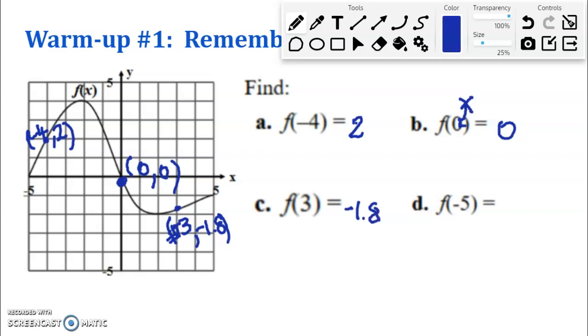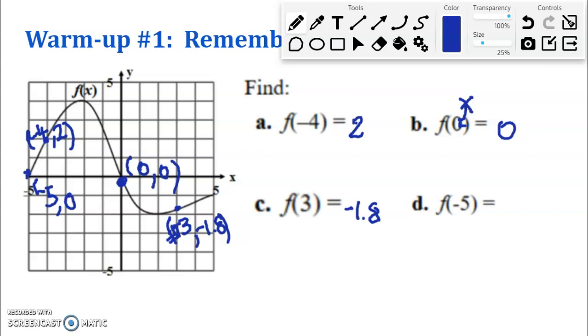Alright, then let's do f of negative 5. That means we need to find when x is negative 5. Find my x. Negative 5 is right here. So this is the point we're talking about. And what is the coordinate for that point? That's negative 5, comma, and the y coordinate of this point is 0.